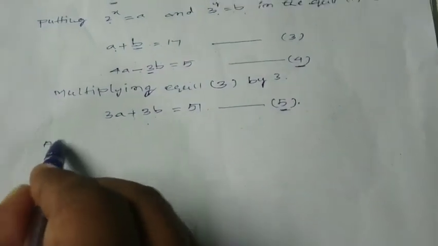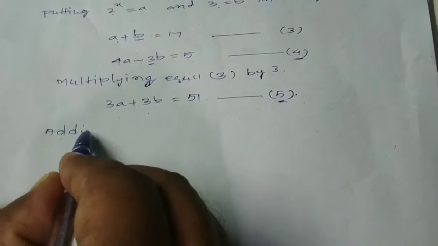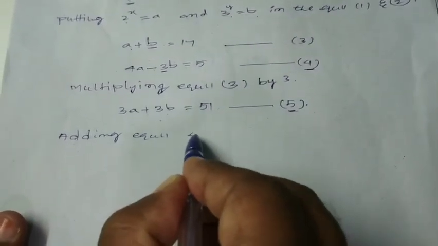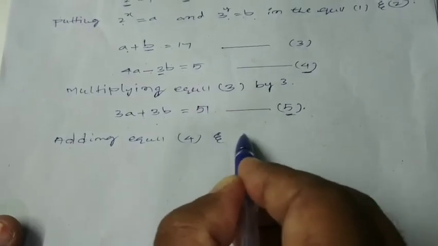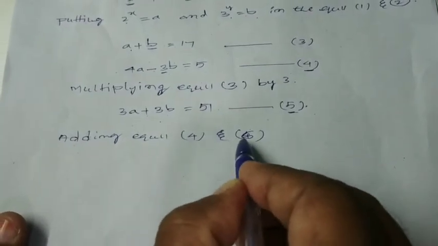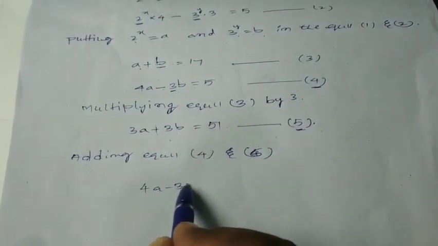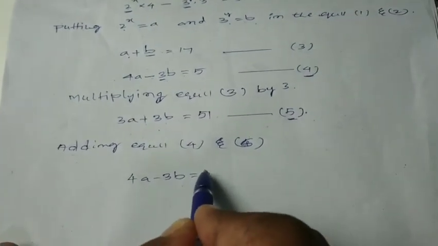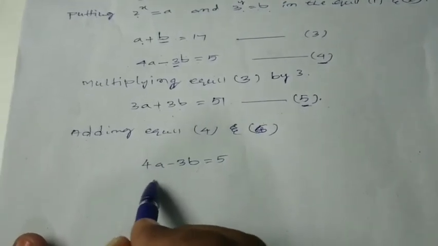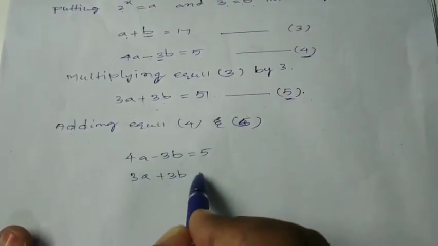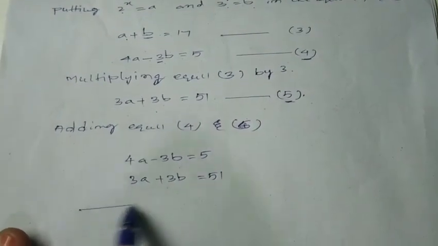So by adding these two equations we can cancel these two b terms, a value we will get. Adding equation 4 and 5. Equation 4 is 4a minus 3b is equals to 5. Equation 5, 3a plus 3b is equals to 51.